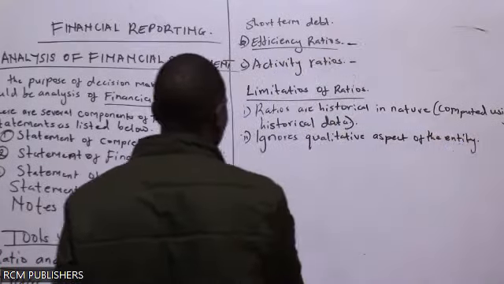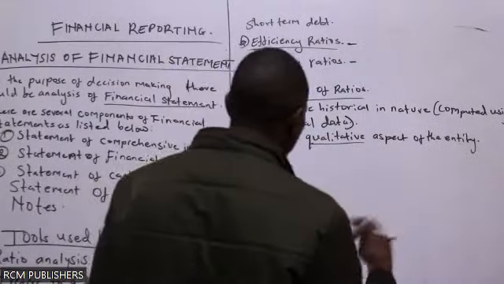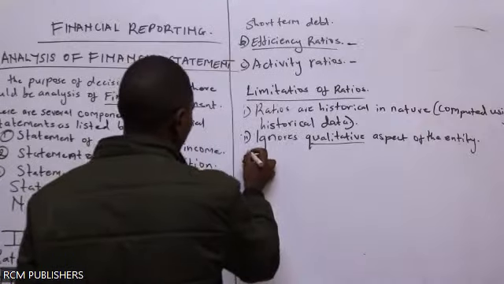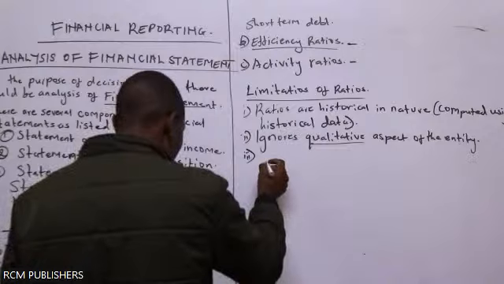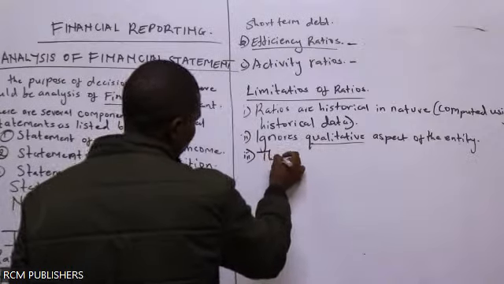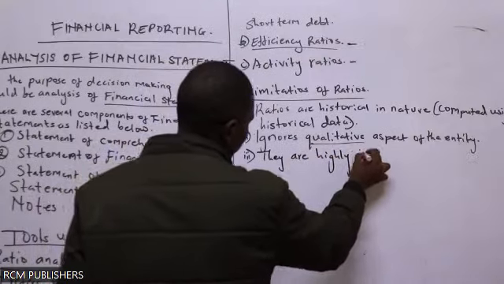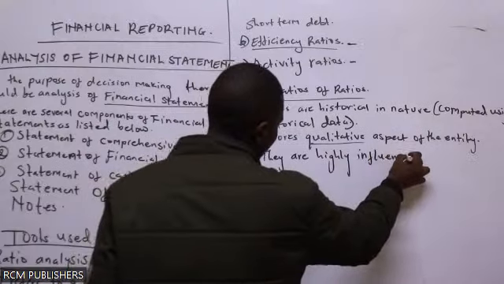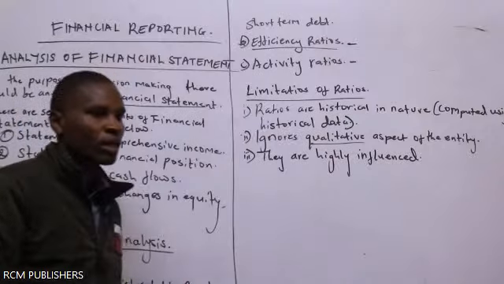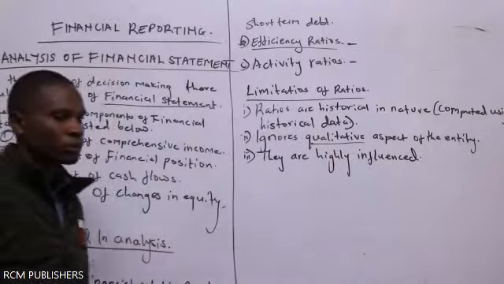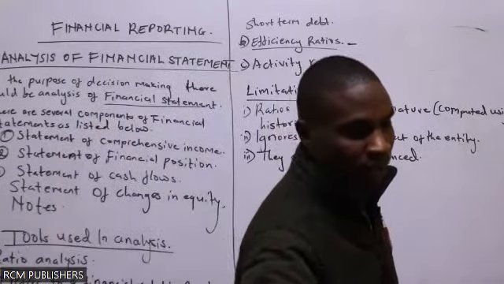They ignore the qualitative aspect of the entity, so we shall go with the quantitative. Then, ratios are highly influenced.